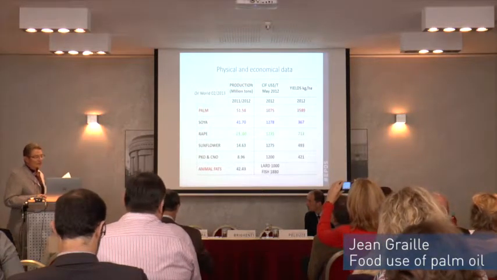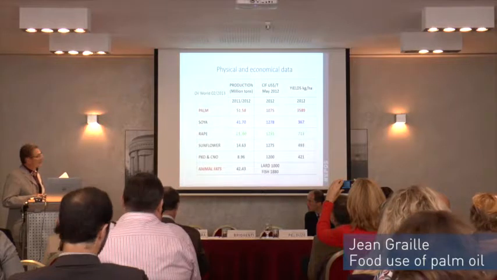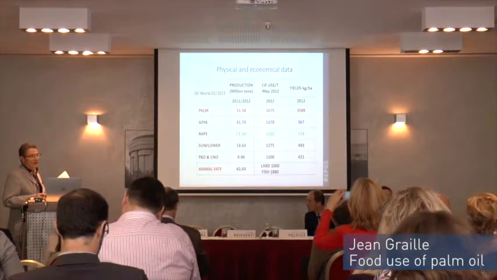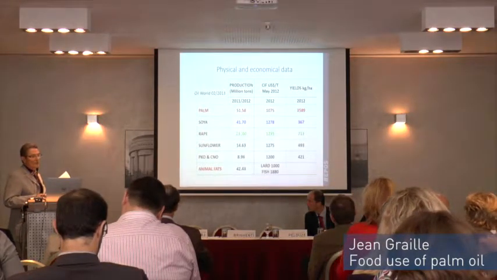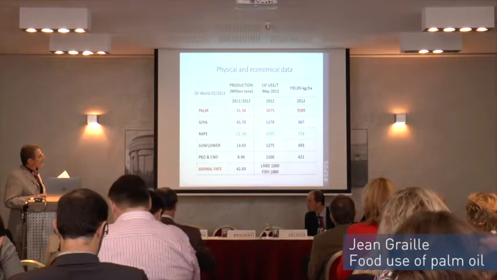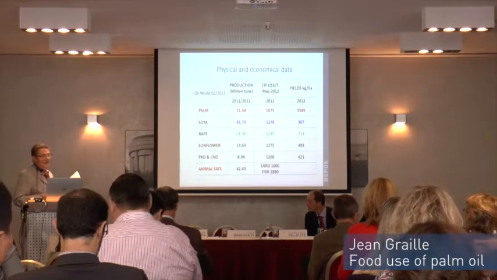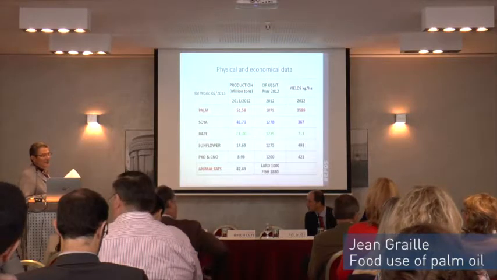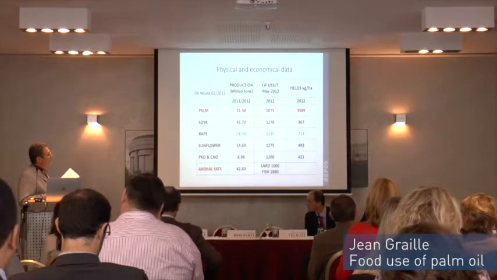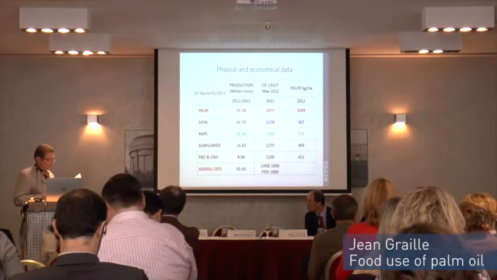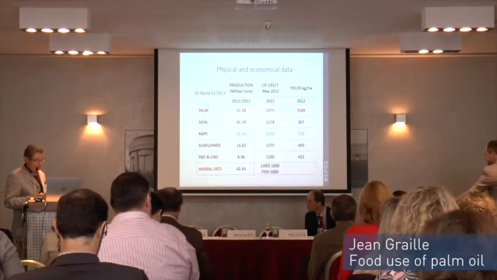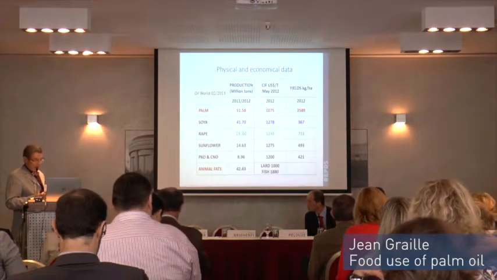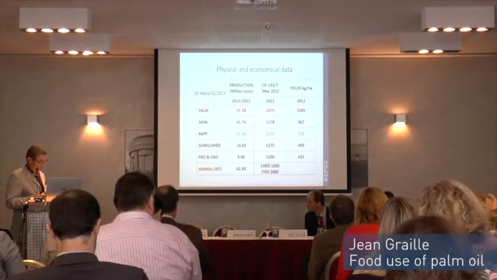Moreover, oil palm produces fruits all year because it's a tropical plant. And soy is annual and produces just once, and you are obliged to make a new crop the next year. So this is also a very big advantage.